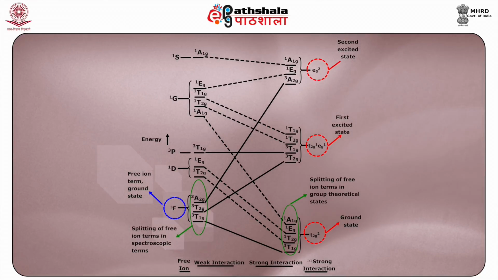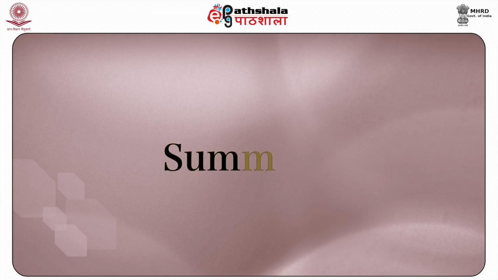The second excited state is eg2, which is split up into group theoretical states as triplet A2g, singlet Eg, singlet A1g. The states on the left and the states on the right have to be connected by a line maintaining the non-crossing rule.